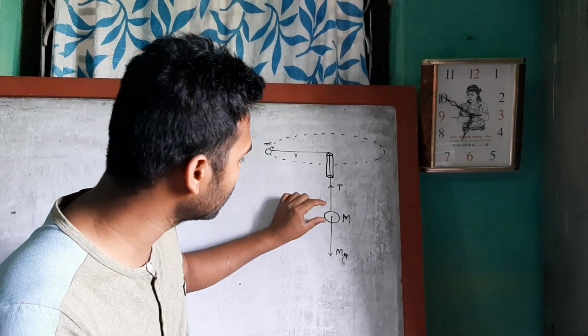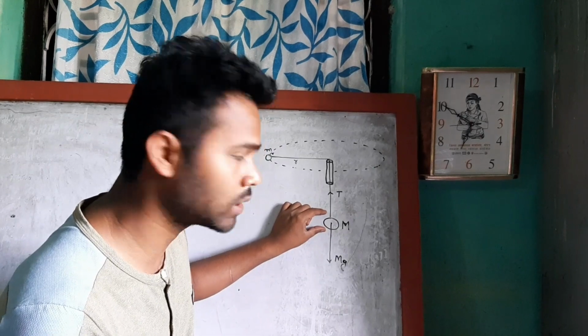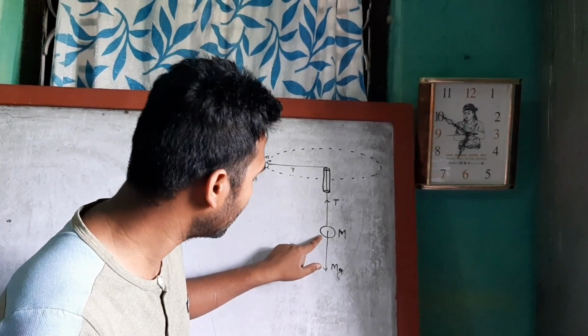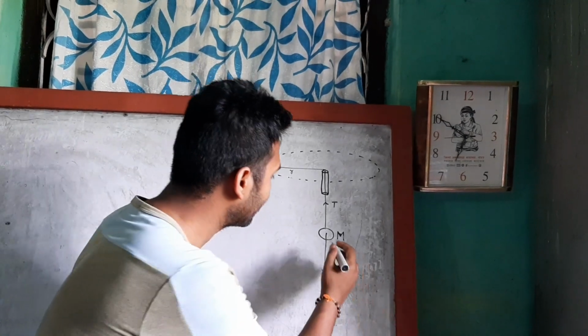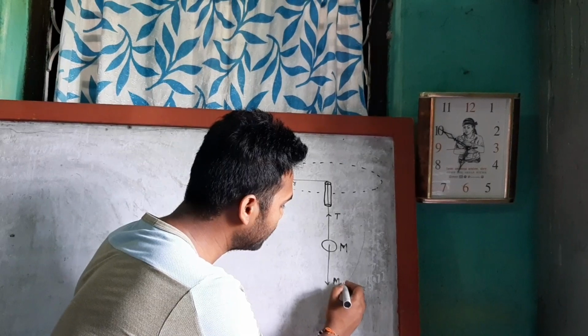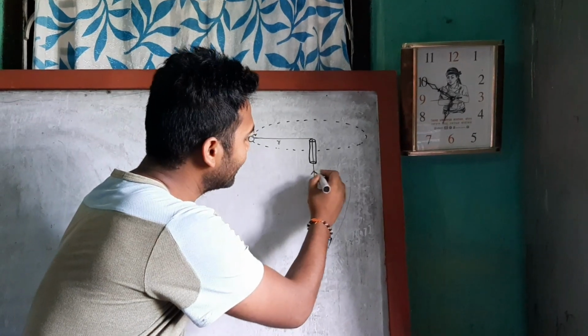Now let's come to the heavier body. The forces acting on this body are: one, the gravitational force in the downward direction, which can be given as capital M g, and the upward force, which is the tension in the string.